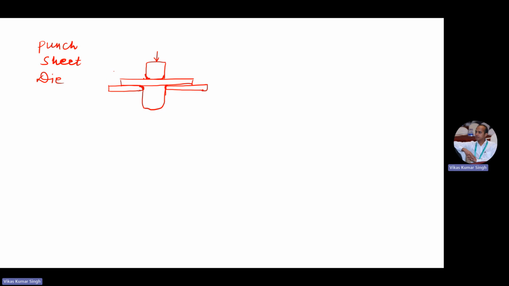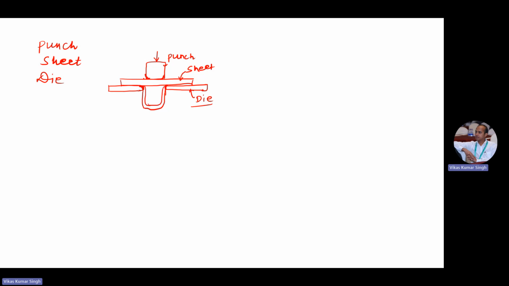Here I just wanted to explain that this part is called the punch, this is our metallic sheet, and this is called the die.